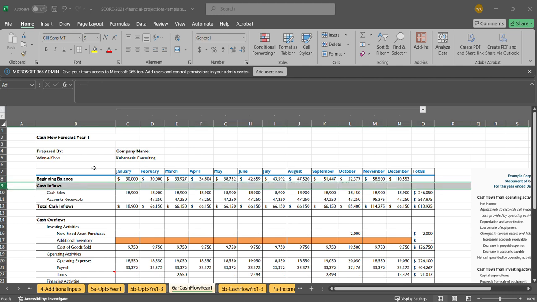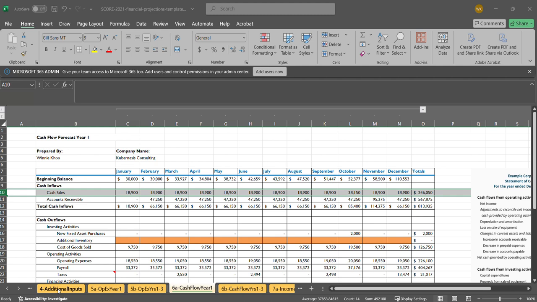And then the cash inflows are the different sources of cash for the business. There are two main sources. They all come from sales, but there are cash-based sales, and then there's accounts receivable.